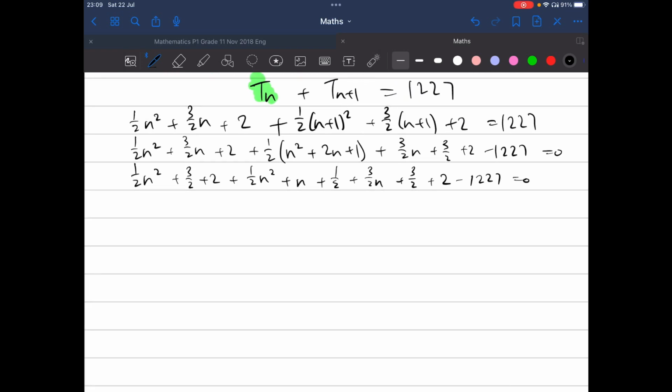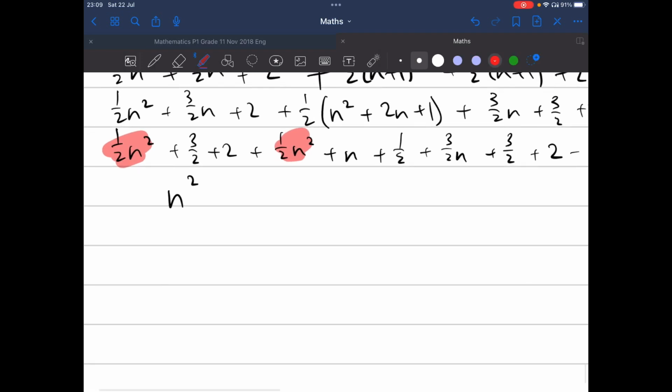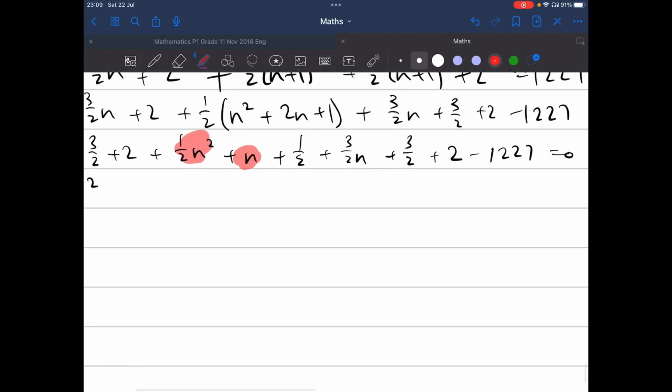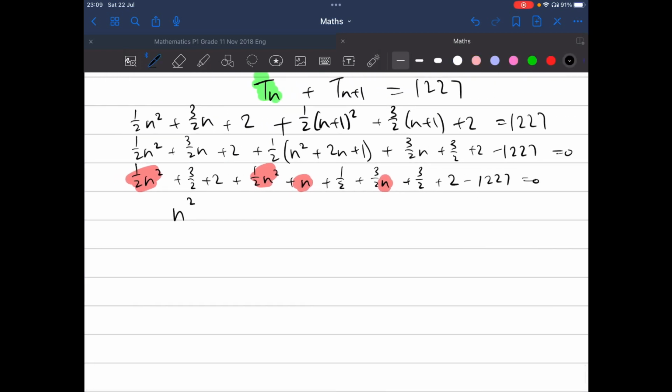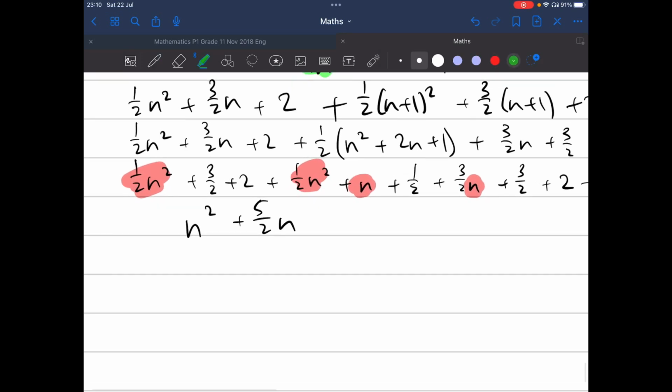Okay, now I'll group like terms. So let's find all the n squareds. Okay, I think that's the only two. So half plus half is 1, so we just have n squared. Now let's find n. So here's n, here's n. Okay, so I think it's just those two. Okay, so 1 plus 3 over 2 is 5 over 2. Okay, and now let's find all the ones without variables.